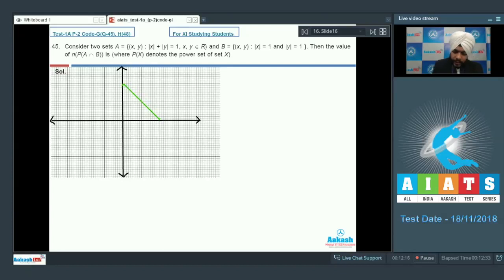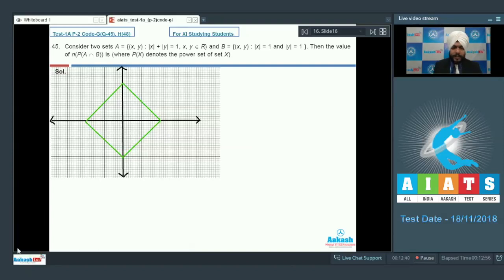In the second quadrant, x is negative, so y minus x equal to 1. Third quadrant, both are negative, minus x minus y equal to 1. Fourth quadrant, y is negative, x minus y equal to 1. So this is set A in green color. All the points lying on this particular square are the elements of set A.